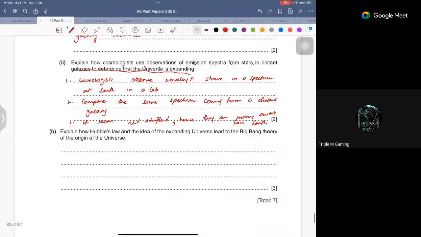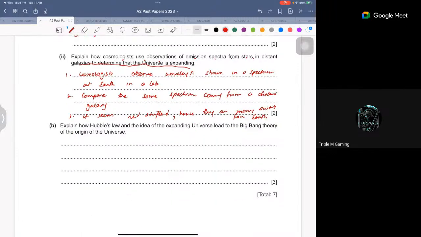Then it says explain how Hubble's law and the idea of an expanding universe lead to the Big Bang theory of the universe. So from redshift, we observed that objects in the universe are all moving away from each other. Number one.